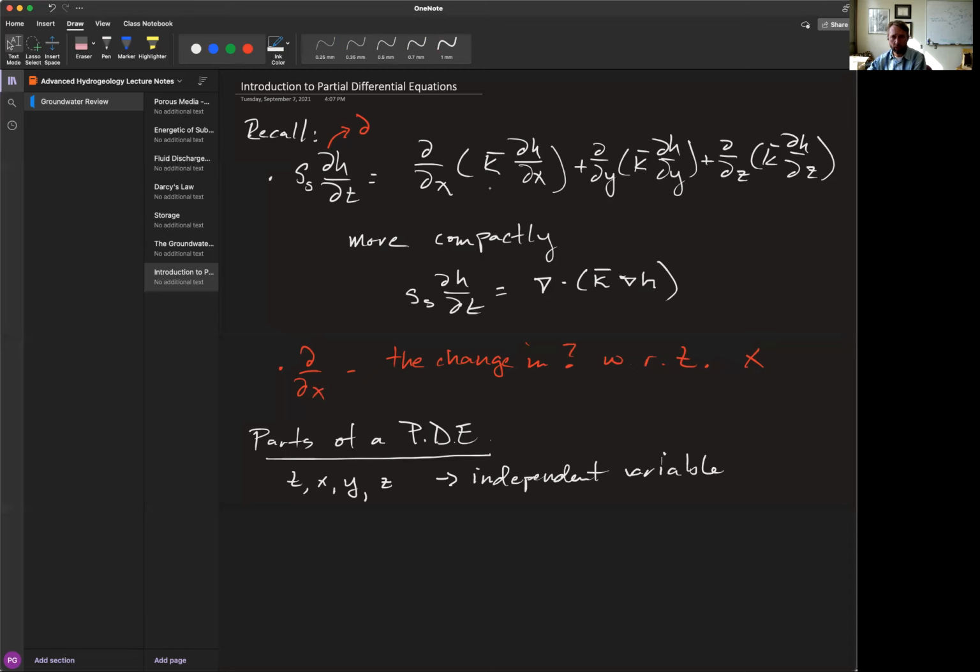It does not depend upon my z location. It doesn't depend upon time. And it doesn't depend upon head. It's independent. So these things are my independent variables.